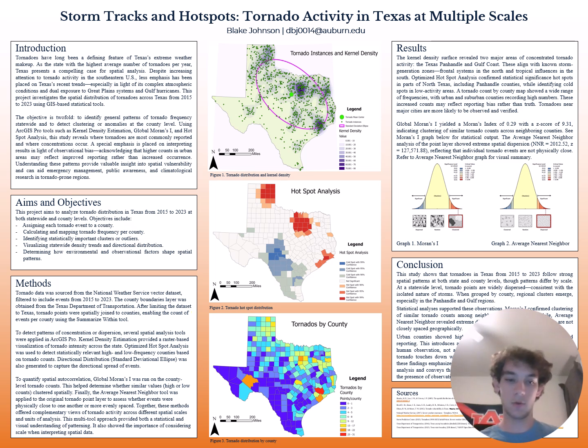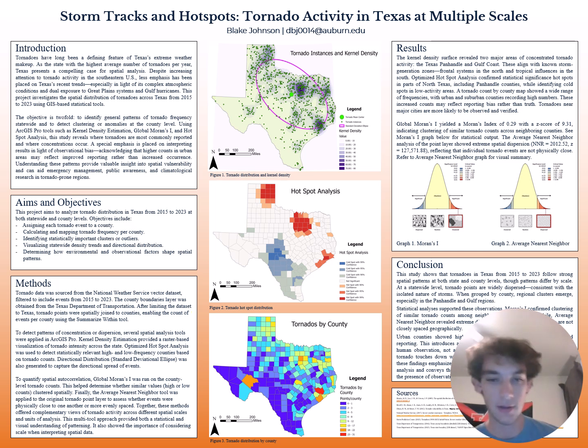So the data, the vector layer you see here up top, the tornado layer, is from the National Weather Service, which is under NOAA. They publish a pretty up-to-date layer for tornadic events in the entire United States.